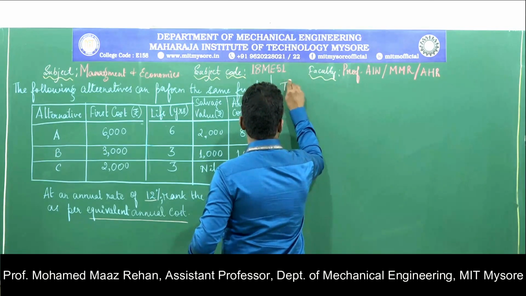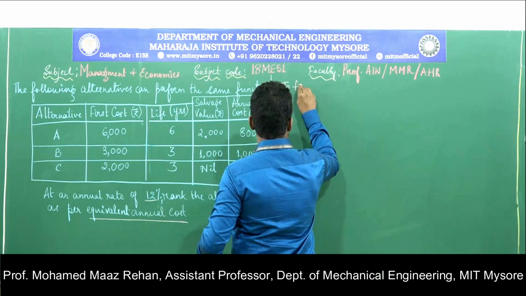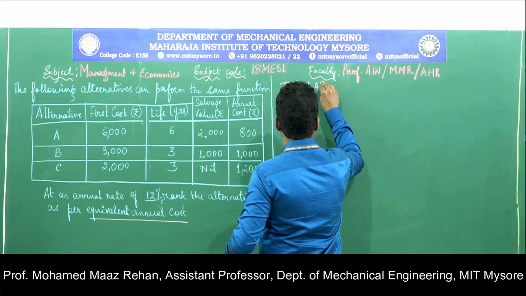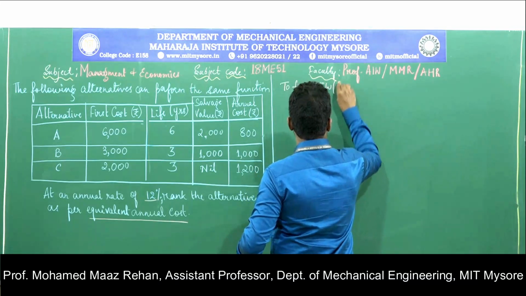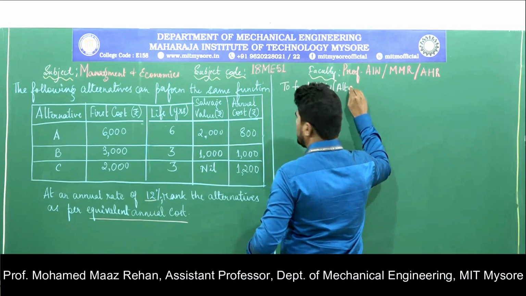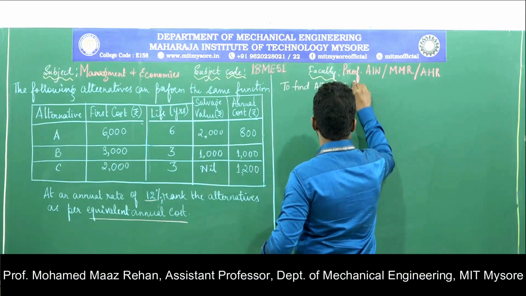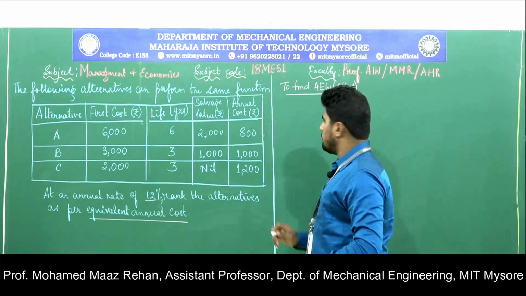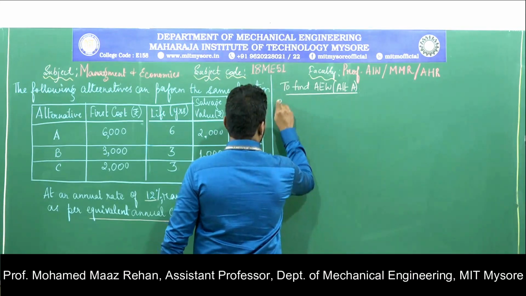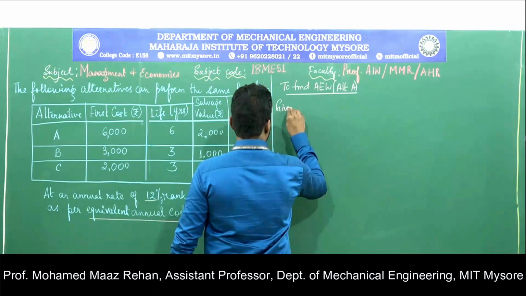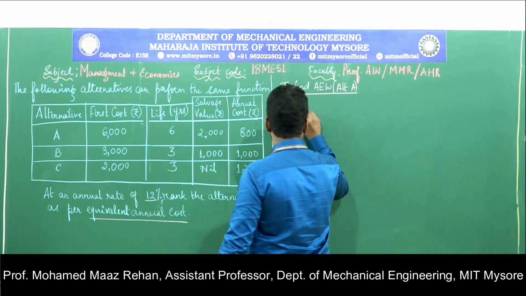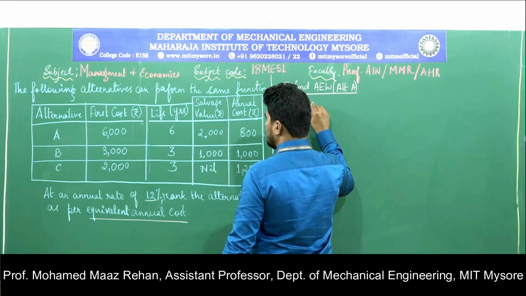So to find the annual equivalent worth of alternative A, what are all the given data? They have given the first cost. First cost is nothing but P. How much they have given?